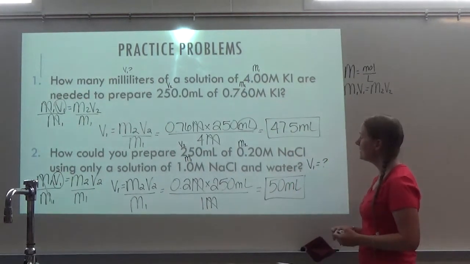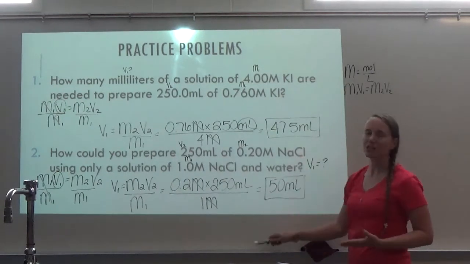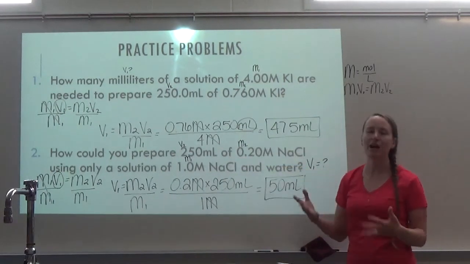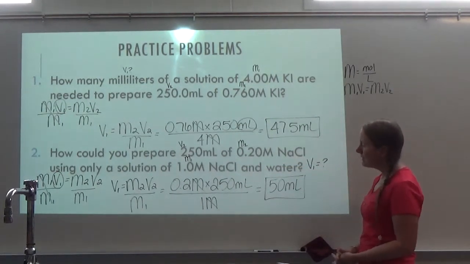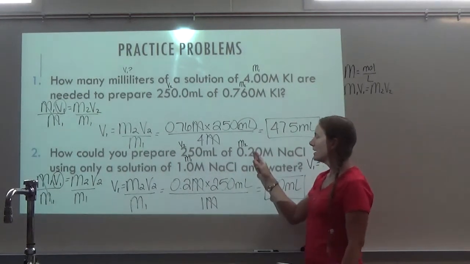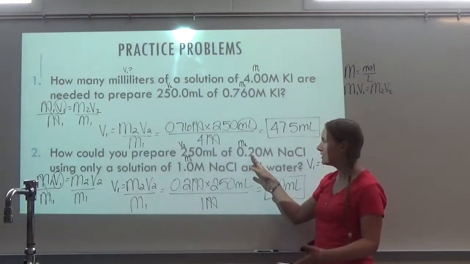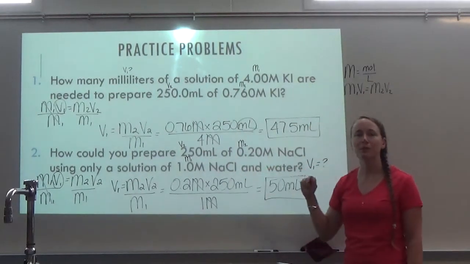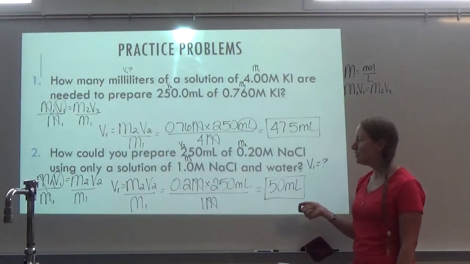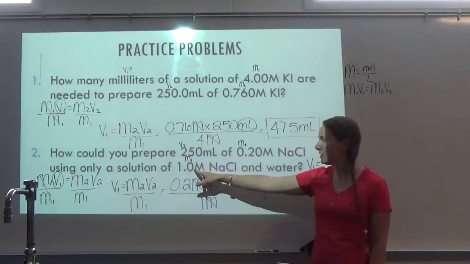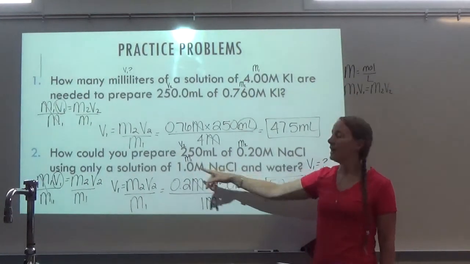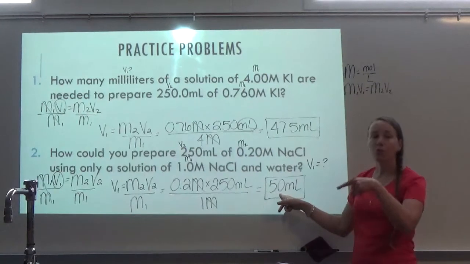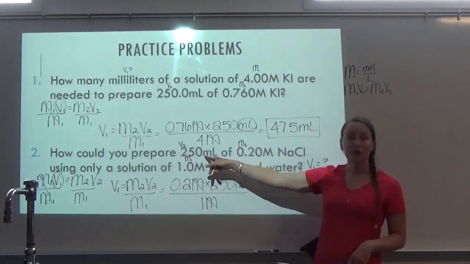Okay? So what do these numbers that we're calculating actually mean? Because if you notice, this question says, how could you prepare? What that means is, if I want to make a 0.2 molar concentration solution, and I want 250 milliliters of it, what I need to do is take 50 milliliters of the original solution and then add enough water to get it to 250 milliliters.